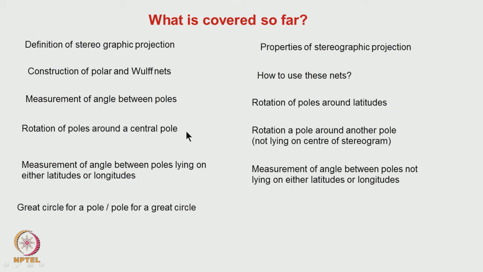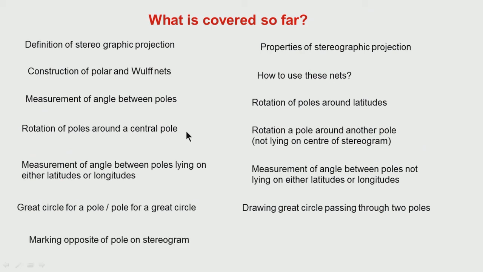Then how to construct a great circle for a pole. Given a pole, how to construct a great circle for it. Then suppose two poles are there, how to draw a great circle passing through these poles. Then suppose a pole is given, how the opposite of the pole can be created on a stereogram.